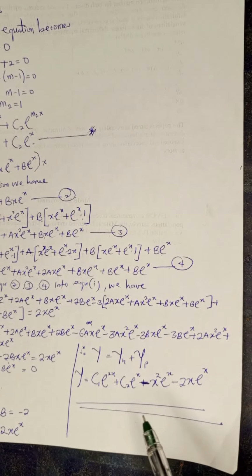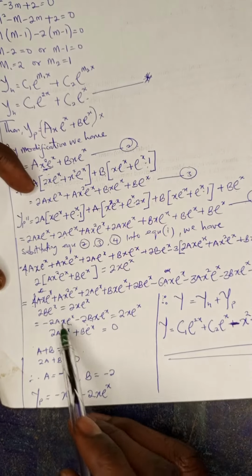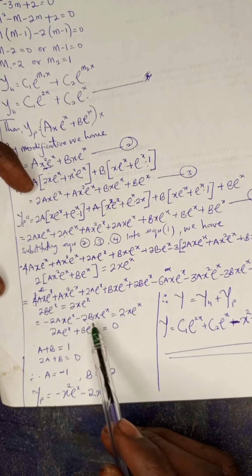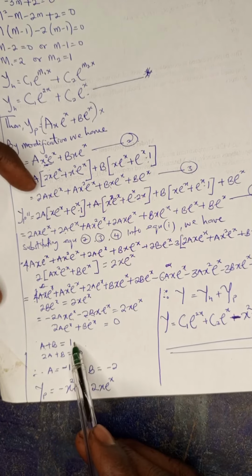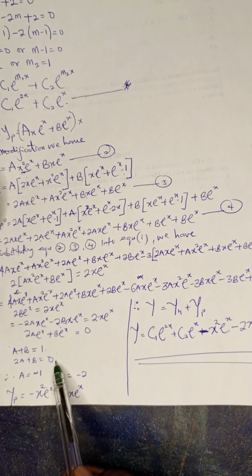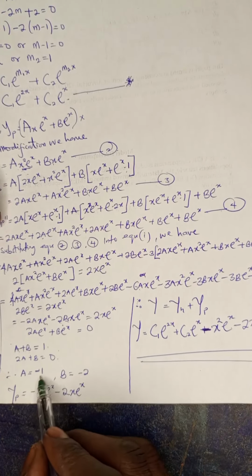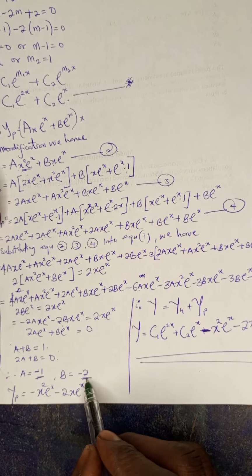Okay, all right. So lastly, guys, bringing out the coefficients of 2a x e^x, I have a plus b equals 1, and here I have 2a plus b equals 0. Okay, so simultaneously, a is equal to 1 and b is equal to minus 2.